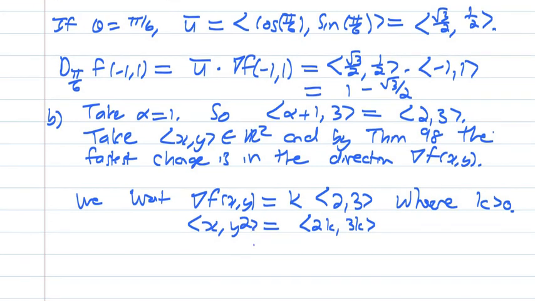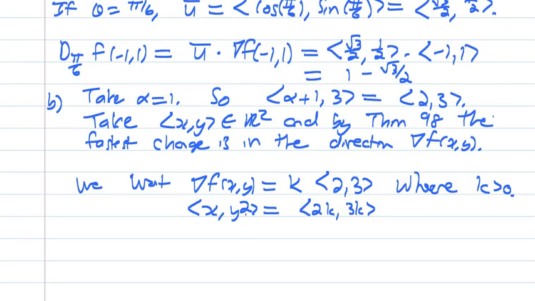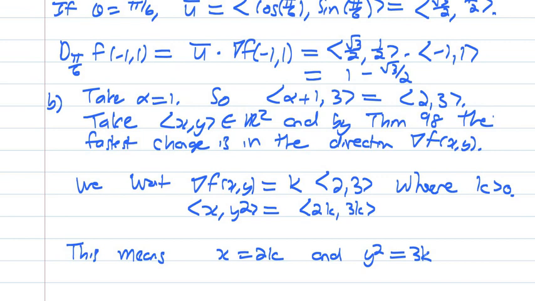If these two vectors are equal, then x is equal to 2k and y squared is equal to 3k. Now remember, k is positive, so 3k is y squared, so that makes sense, and x is 2k.